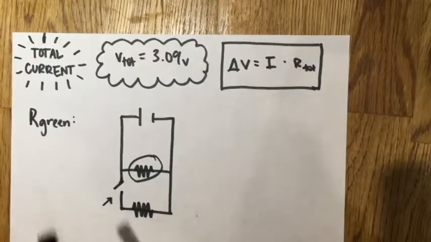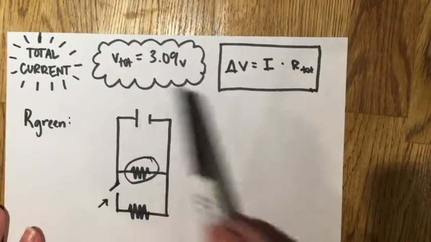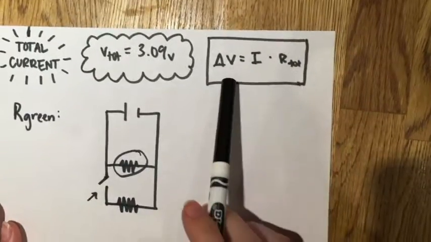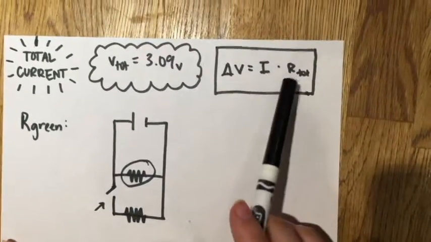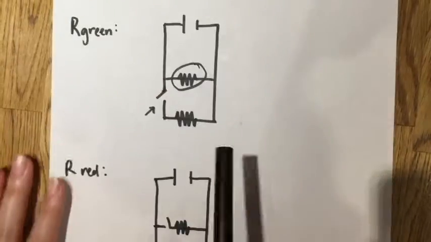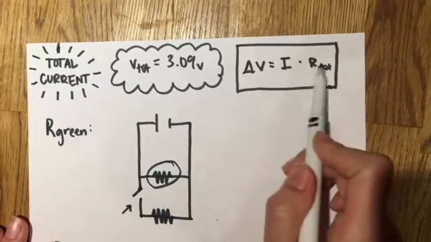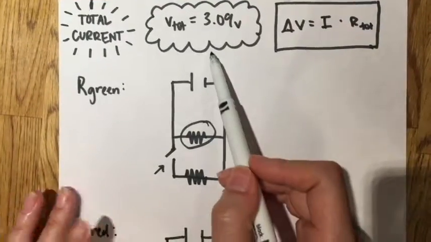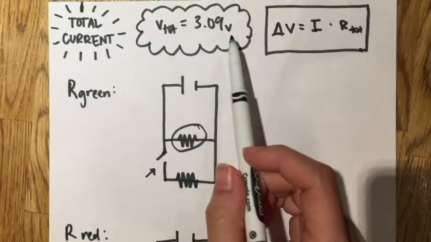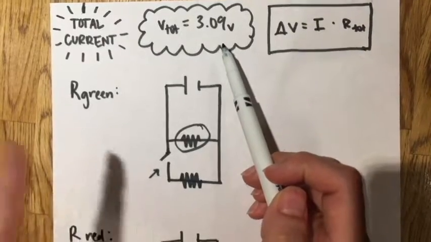Okay, so we know that our end goal is to find the total current throughout the circuit. And to do so, we're going to use Ohm's Law right here. One of the variables that we need is the total resistance. So we're going to find the individual resistance of each resistor so that we can find the total resistance. As I explained earlier in the video, I used an ammeter to measure the total voltage coming from the battery from the picture that I showed before.